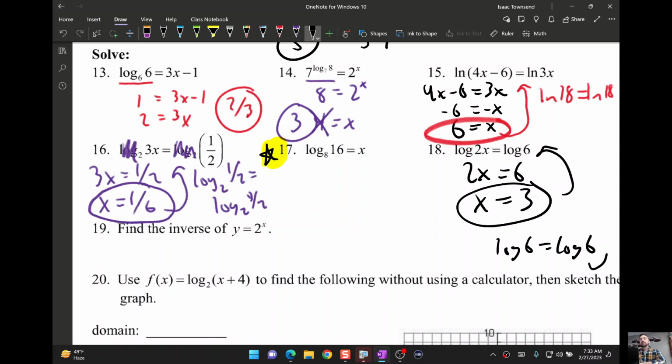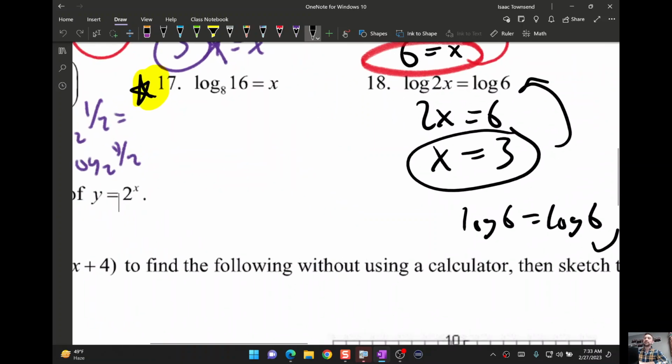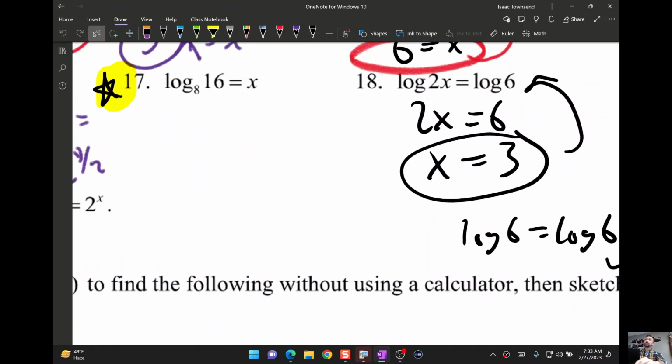Okay, 17 takes a little bit more thought. This one, I basically did one step of logarithm and then solved normally. Thought about logarithms at the end, and otherwise they were balanced, so I didn't really even do much with logarithms here, here, or here. But with 17, I can't do this one so quickly.